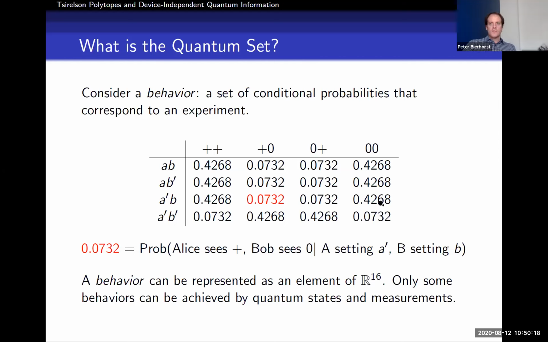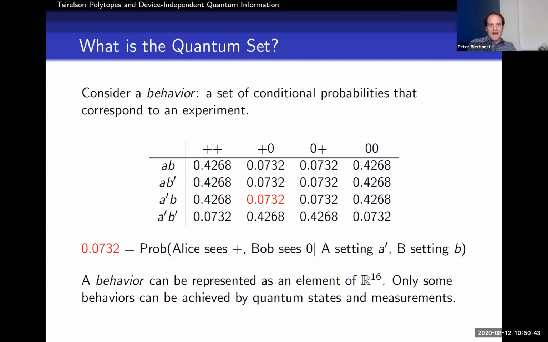All of these probabilities altogether are a behavior. This is a defined term, which is just a set of conditional probabilities that correspond to an experiment. Bob and Alice run this experiment under the four different measurement configurations. They record their data, and they do this millions of times. They get some probabilities, and these are maybe the probabilities they see.